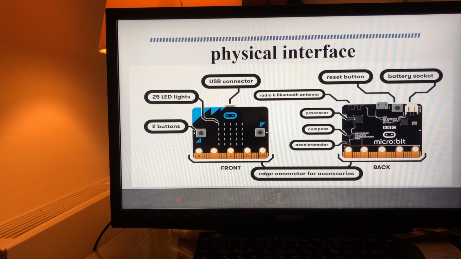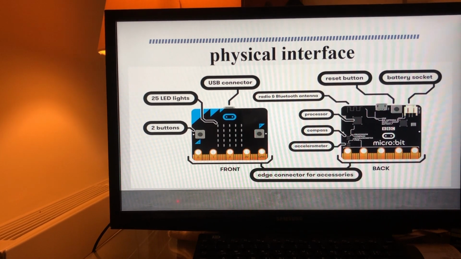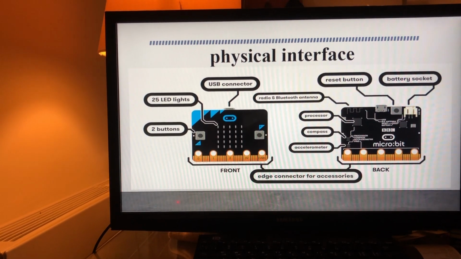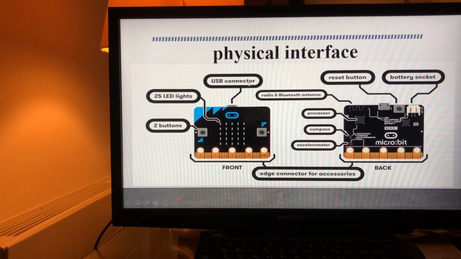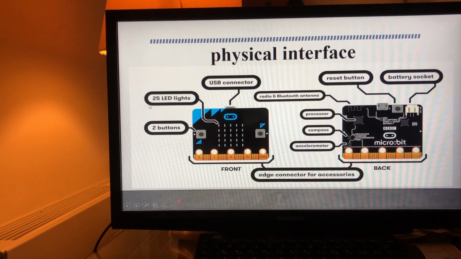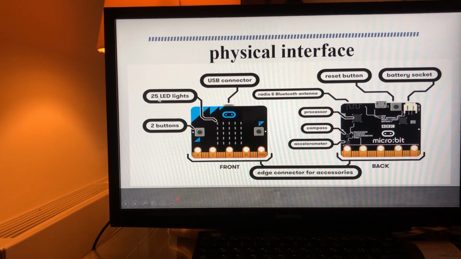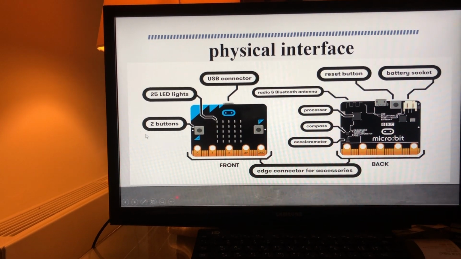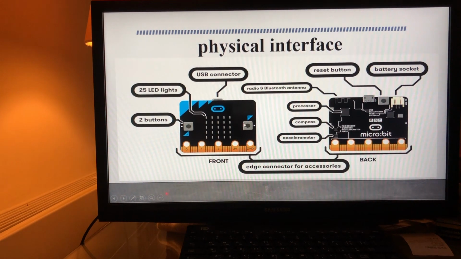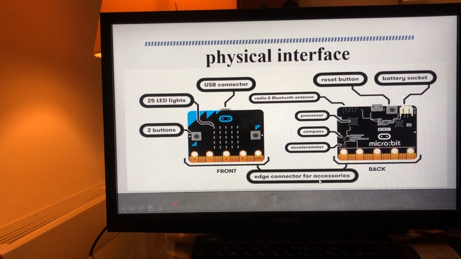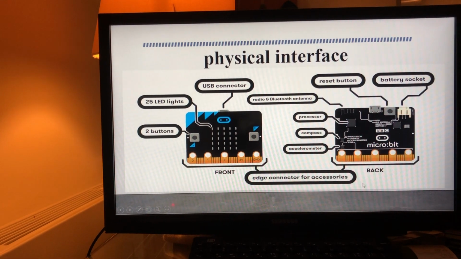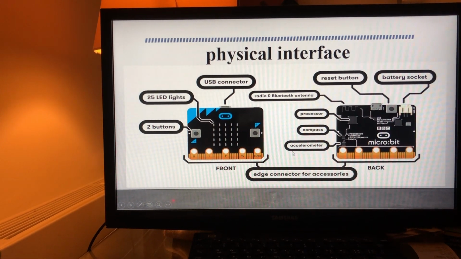The physical interface of a micro:bit has the USB controller, 25 LED lights and 2 buttons. This is the front face and the edge connector for accessories.